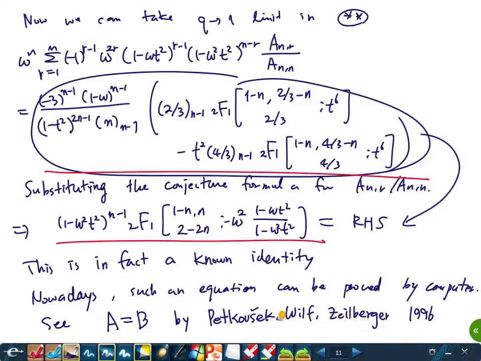They developed some computer programming package. So if you want to show some identity like this, you just use this package, and it will find some kind of, okay, let me write this down. This algorithm.